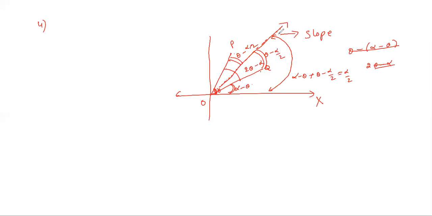So both reflect about this line with slope tan alpha by 2, inclination alpha by 2. So reflection in the line through origin with slope tan alpha by 2. Fourth option is correct. Understand? Yes, sir. Simple geometry.